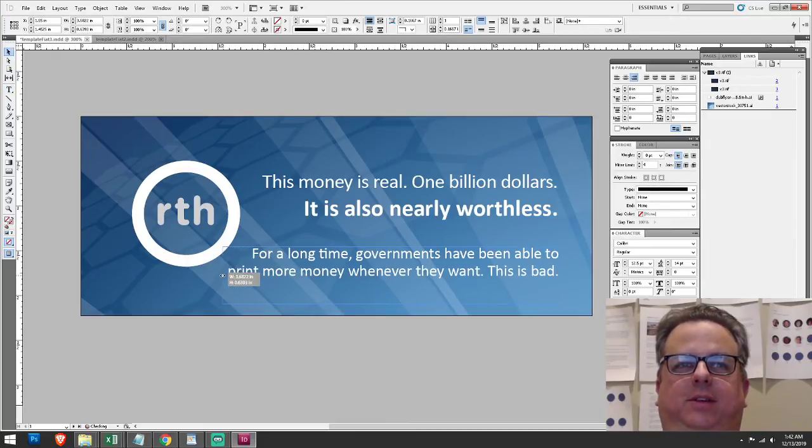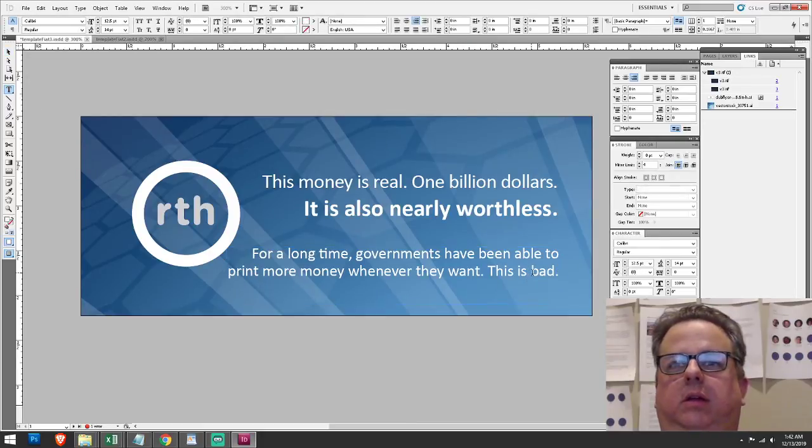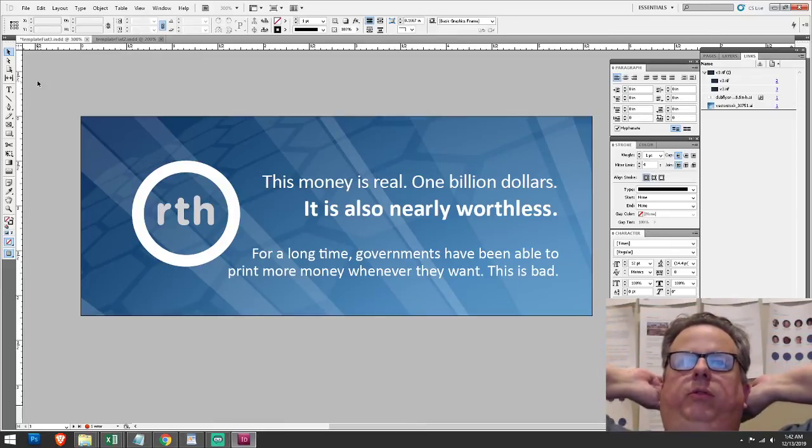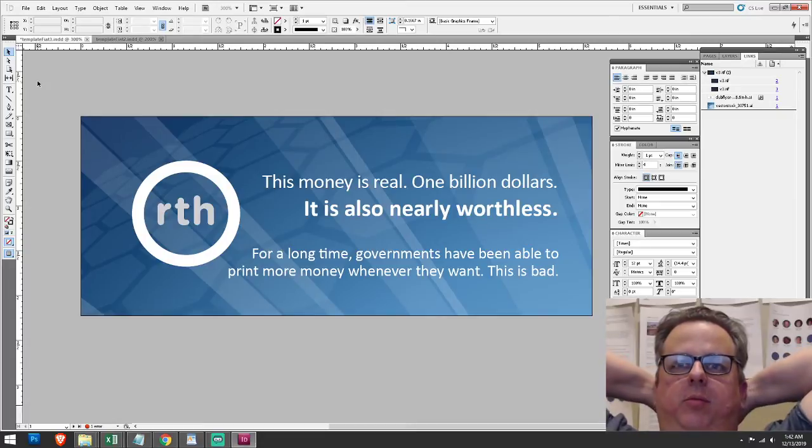Okay, so just kind of sticking with the 8-year-old theme here. This money is real. $1 billion. It is also nearly worthless. For a long time, governments have been able to print more money whenever they want.